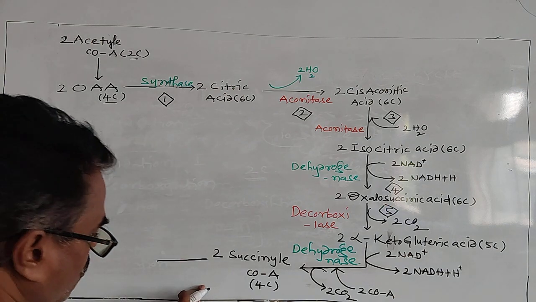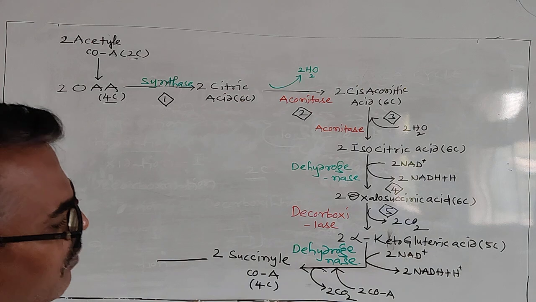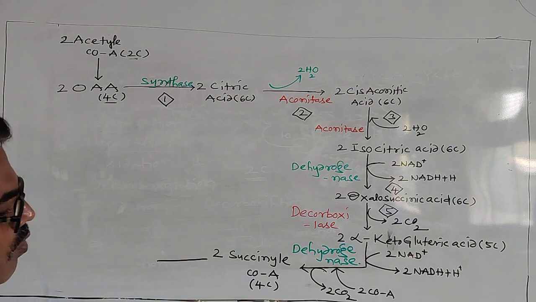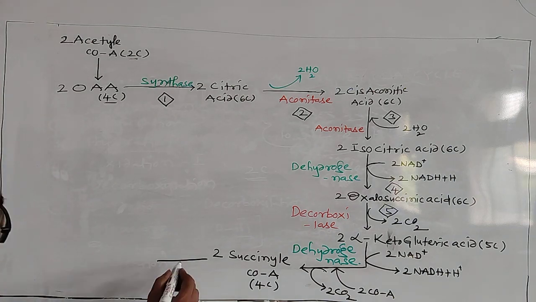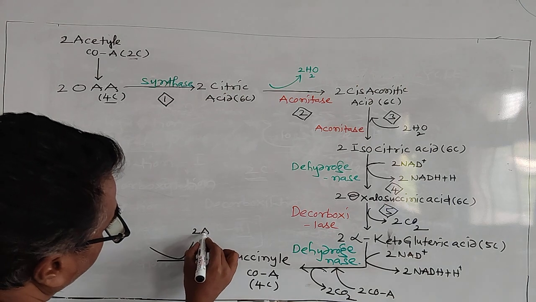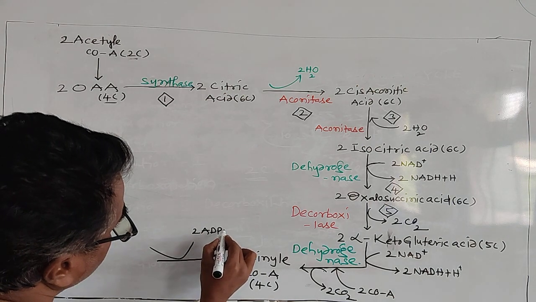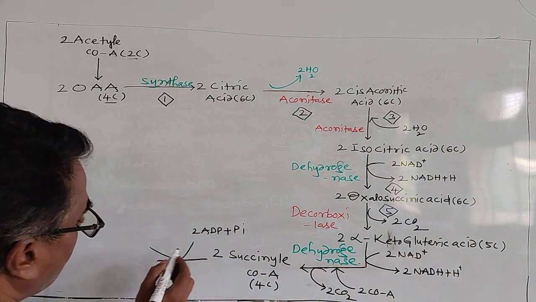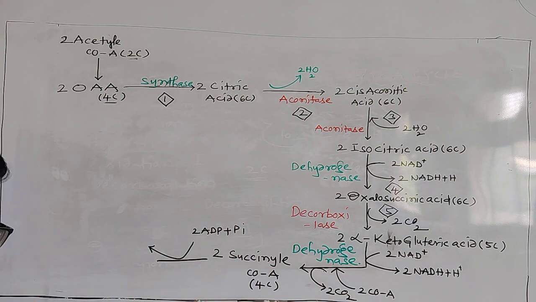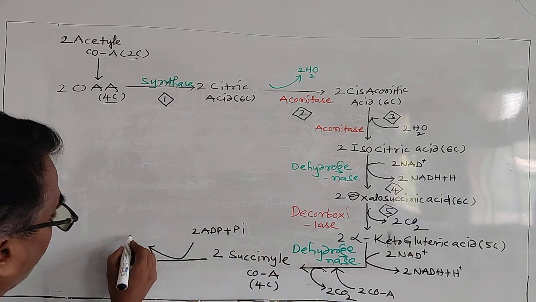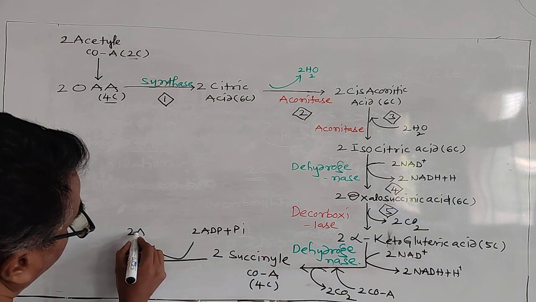These 2 moles of succinyl coenzyme A undergo cleavage. The cleavage means here the 2 moles of ADP, adenosine diphosphate, and 2 moles of inorganic phosphate combine, then form 2 moles of ATP.